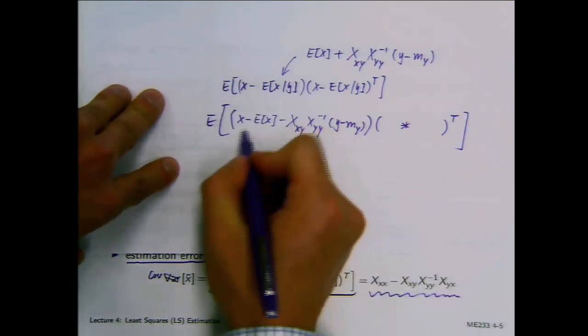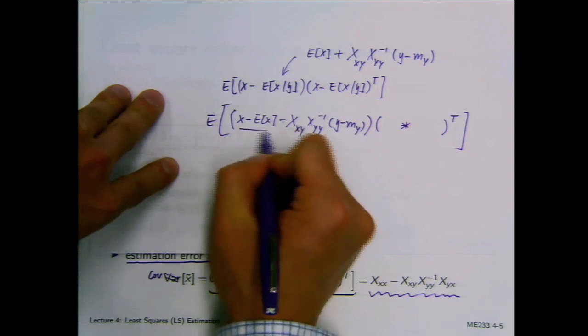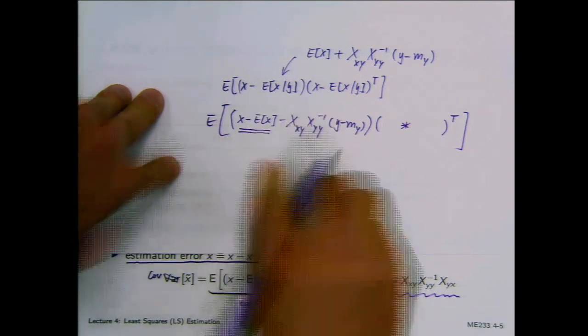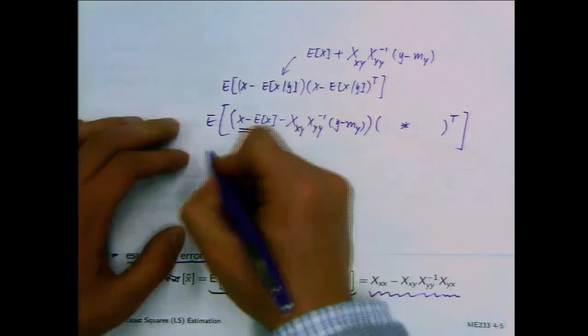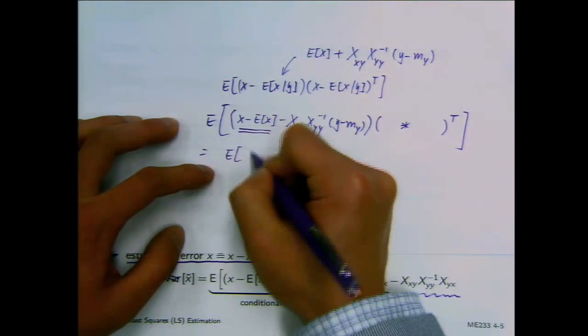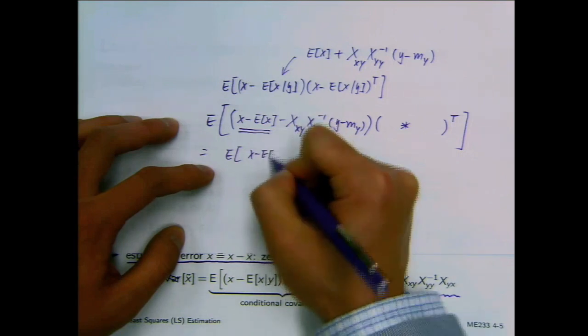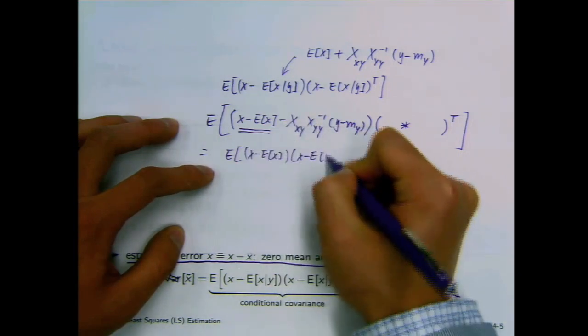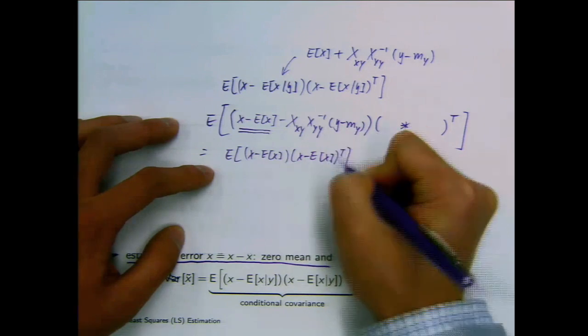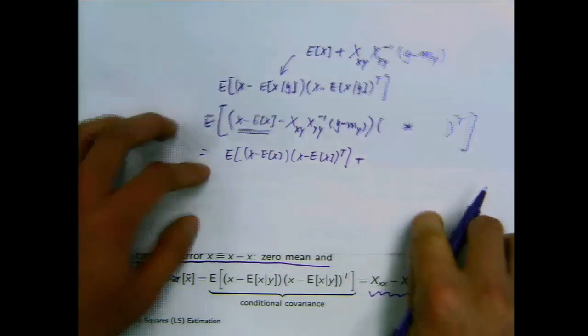The first term, after the product with the transpose itself, is going to give me the expectation of (x minus E[x]) times (x minus E[x]) transpose. Then there will be another product.